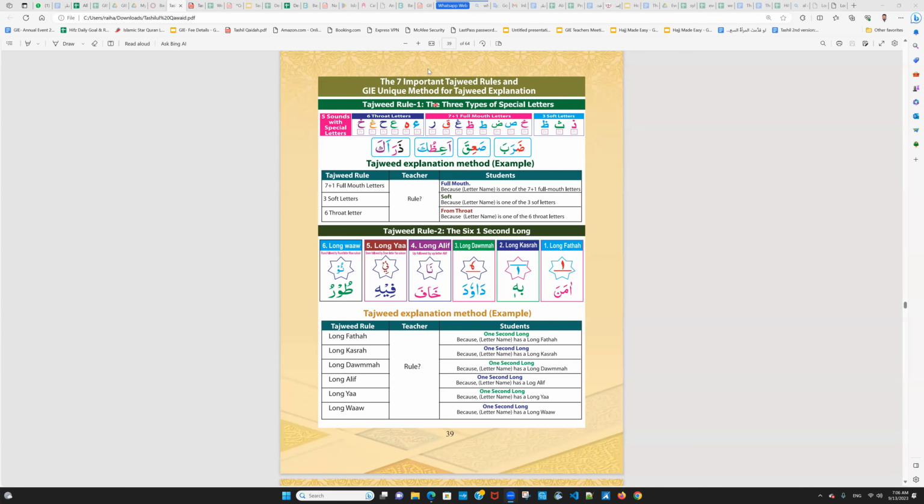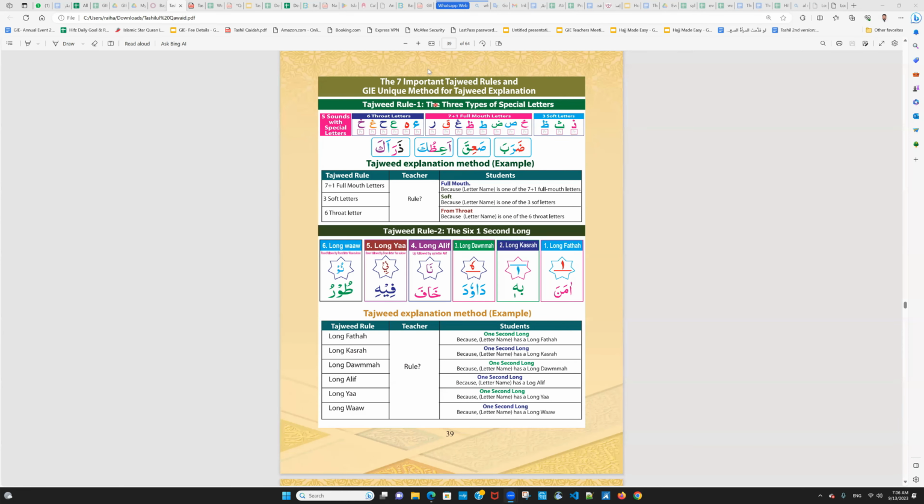Number 3, a student who is able to recite Quran with Tajweed, but still the Tajweed explanation method must continue. They have to apply the Tajweed explanation method, so they are not going to forget the rule, and they can confirm that they are applying the Tajweed rule. So for any Tajweed rule explanation, the teacher must know the level of the student, and based on that, the teacher is going to apply the method for the student.